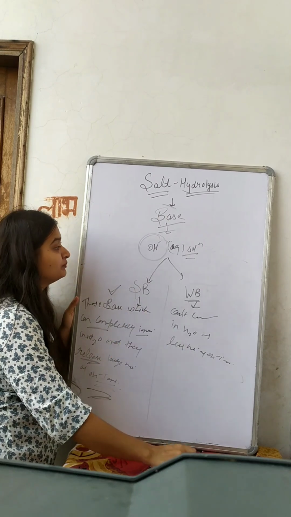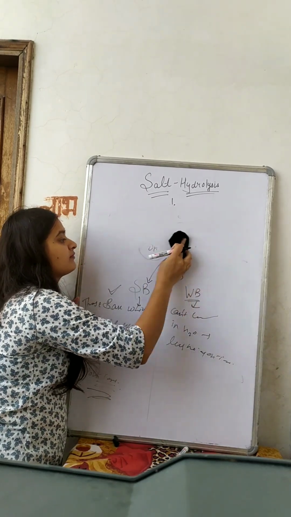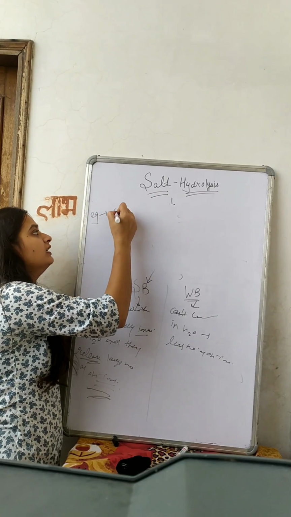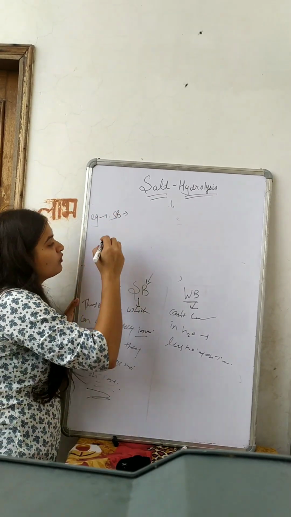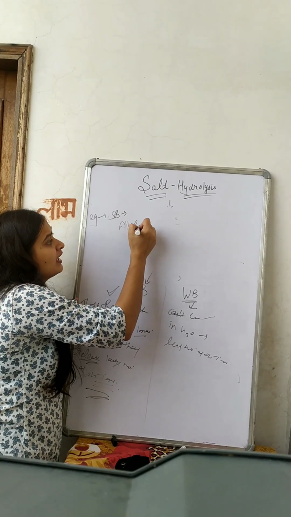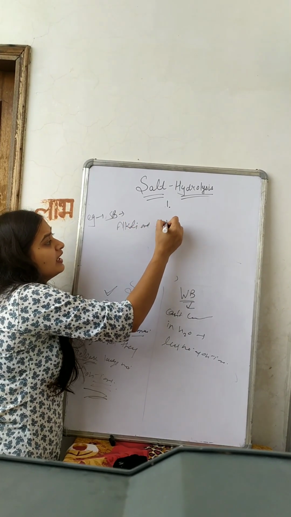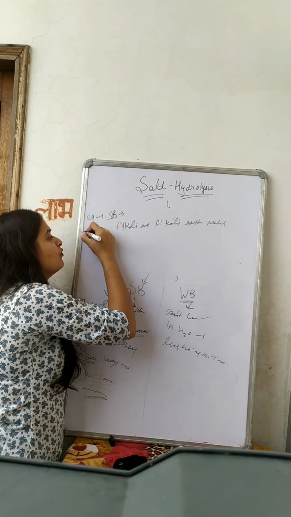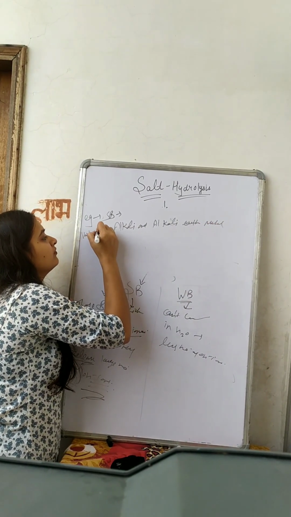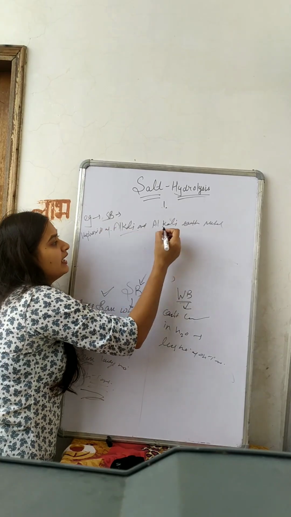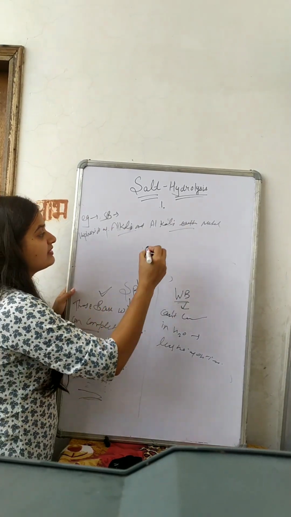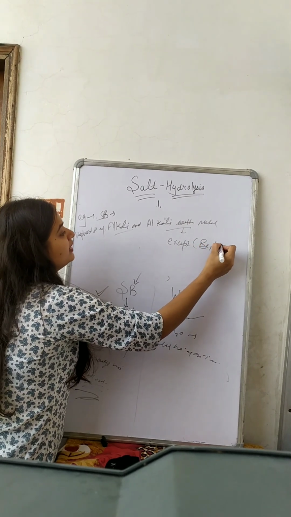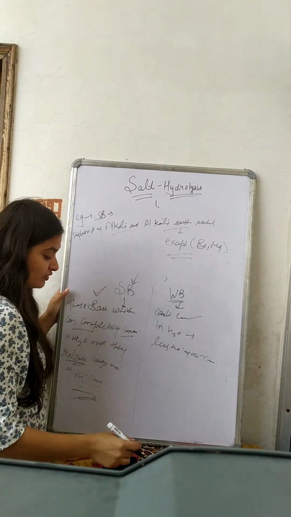Okay, so for example, strong bases are mostly alkali and alkaline earth metal hydroxides. Basically, most of the hydroxides of alkali and alkaline earth metals are strong bases except beryllium and magnesium.